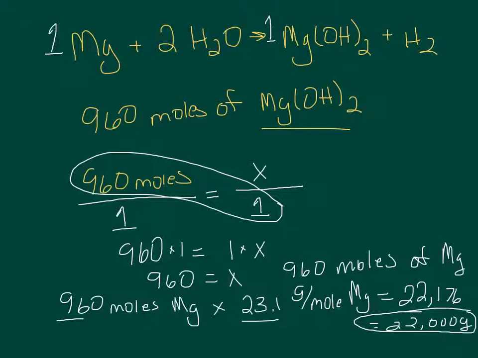Or, if my answer for stoichiometry needed to just be in moles, I could have stopped with the 960 moles of magnesium. So every time you go through one of these steps, make sure that you need to do this step before you start. And then also that when you're finished with the step, you're not finished with the whole problem. Because you can start and stop anywhere within these 5 steps that the question tells you.